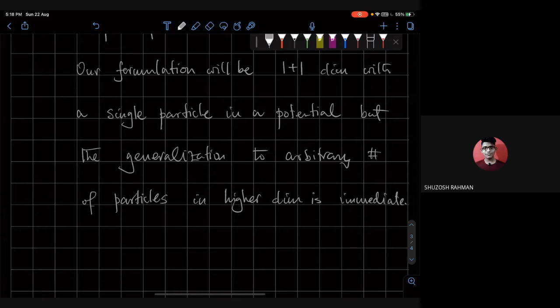It should be immediate. There's some subtleties, but conceptually it's essentially the same thing.